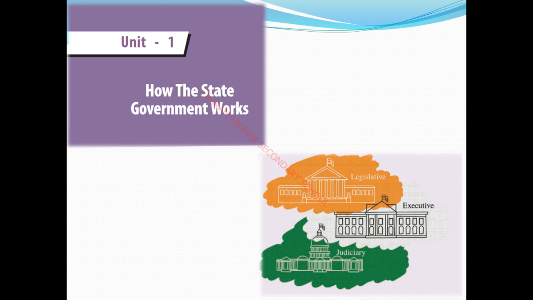The executives are those who execute the laws. Here the legislative houses under the state government are of two types. One is legislative assembly, another one is legislative council.